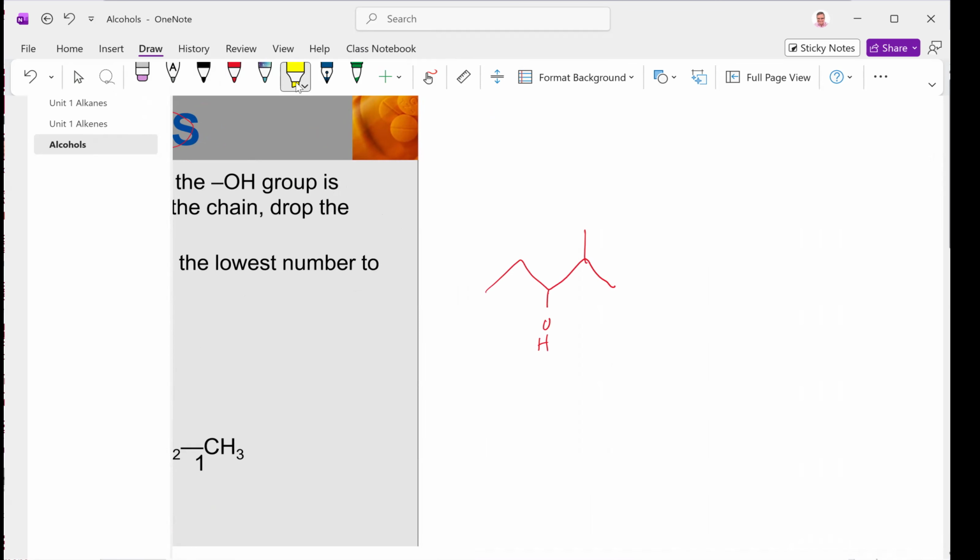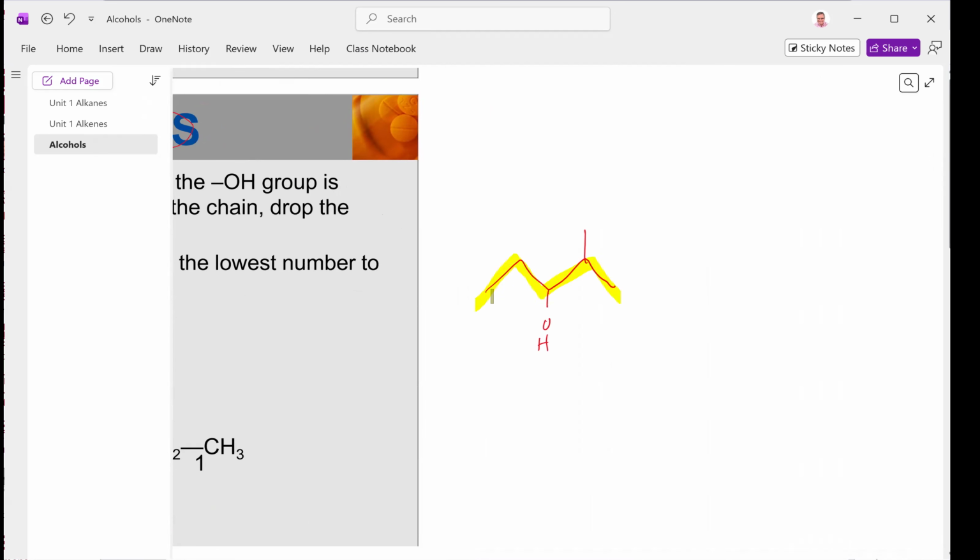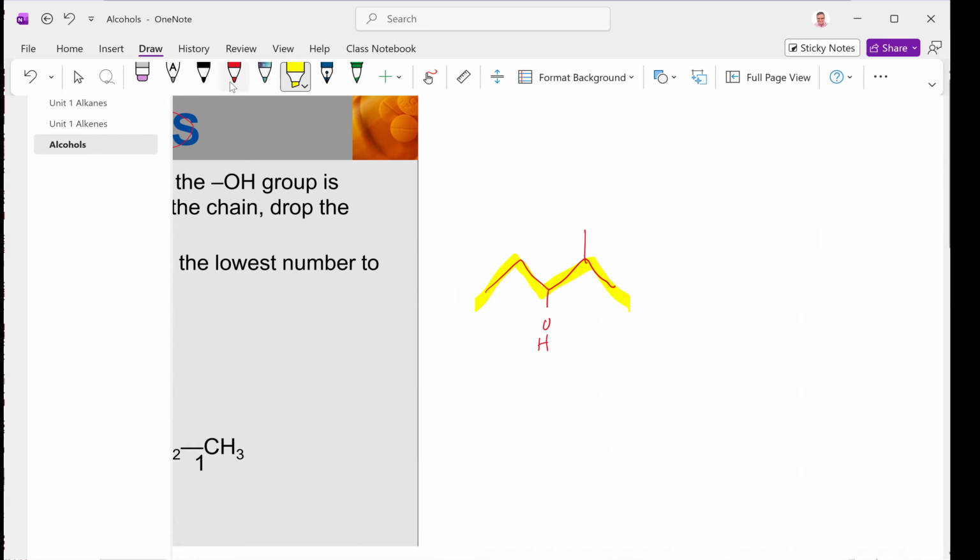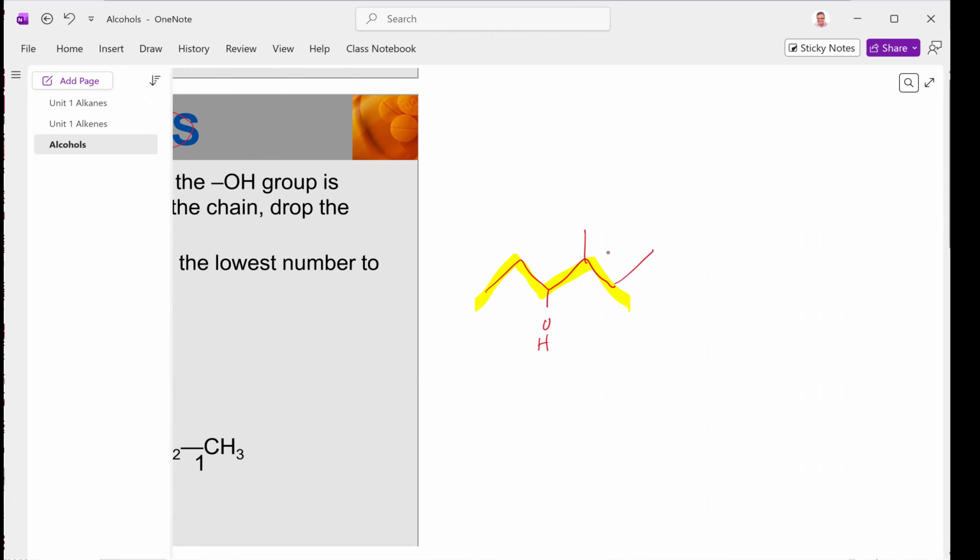Backbone. Looks like we have a branch. Now, the backbone numbering has to do with the functional group, not the branching. So if we start on either side, let's do this differently.